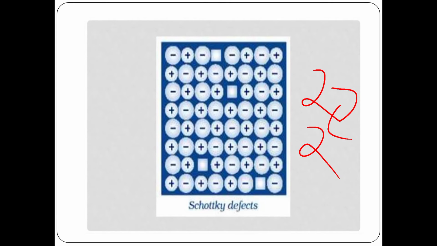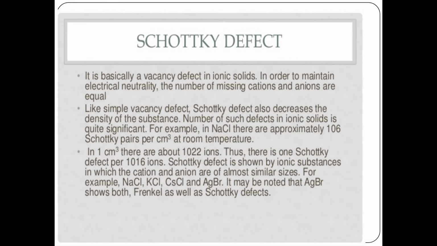If you check this image, you can see one cation and one anion missing from here, and here also one cation and one anion are missing. So totally 2 cations and 2 anions are missing. Such a defect is known as a Schottky defect. Vacant space is created, so the number of particles decreases, hence the density also decreases.